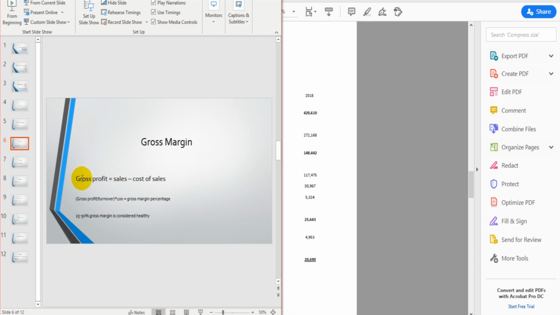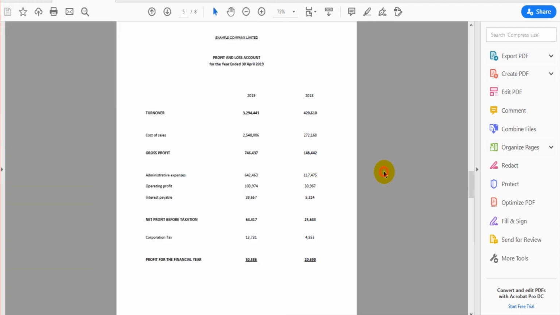So gross margin, first of all, gross profit equals sales minus cost of sales. You should know that. If you don't know that, then I really suggest you go and take some basic free bookkeeping and accounting courses on my website and learn this stuff. So what is gross margin or gross margin percentage? We want to know percentage-wise what this gross profit actually is compared to turnover.